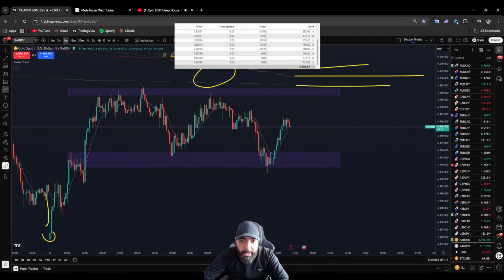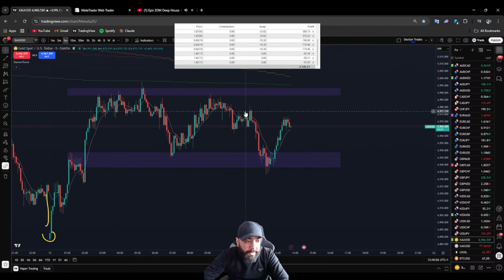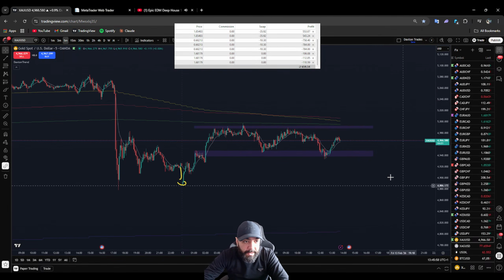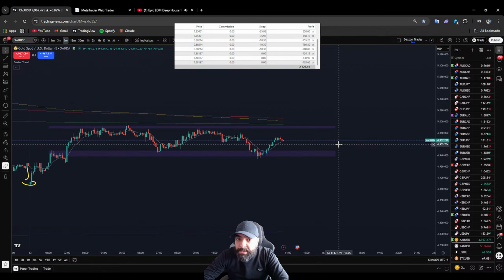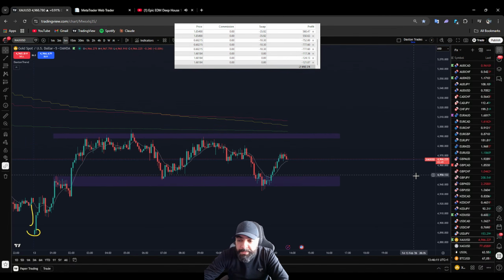So the fixed EMA helps me sometimes, like here for example. I don't rely 100% on it, but it's a nice tool.